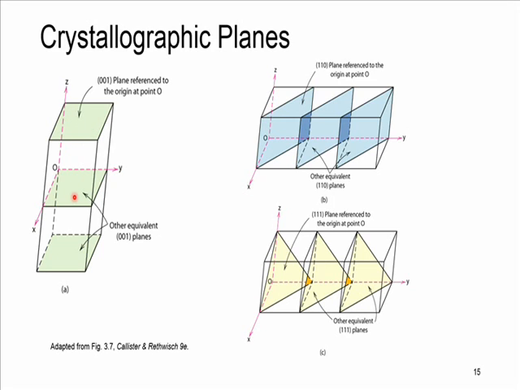All parallel planes, as you can see here, like these three or these three, have similar Miller indices, and the process is as follows.